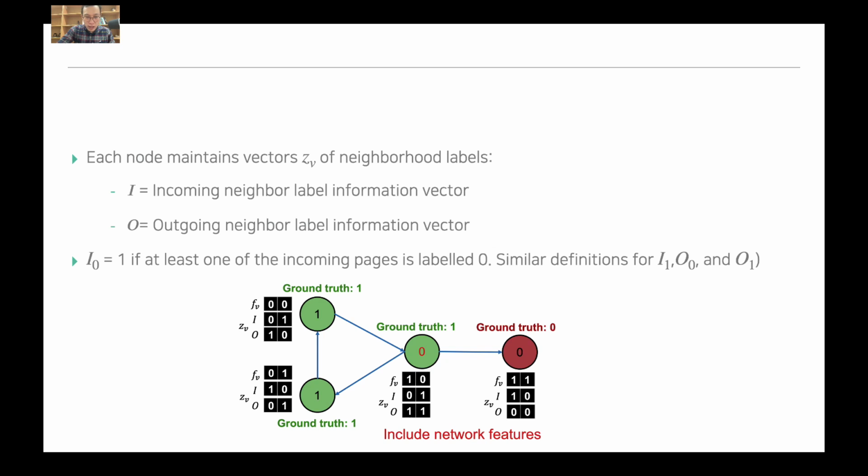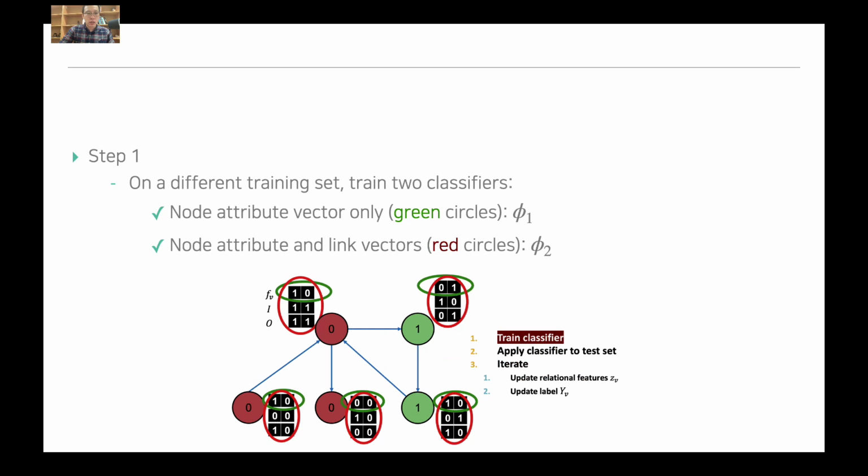And now we have three different vectors. FV is the feature vector, I is the incoming neighbor label vector, and O is the outgoing neighbor label vector. At the first step, with different training sets, we train two classifiers: the node attribute vector only for the green circle, and node attribute and link vectors for the red circle.